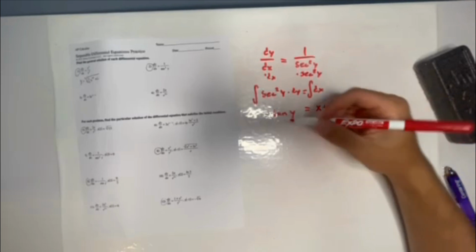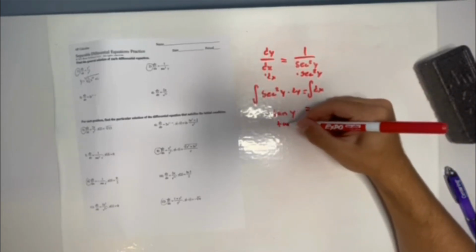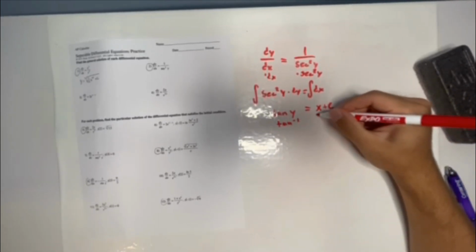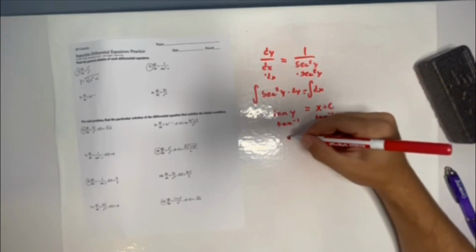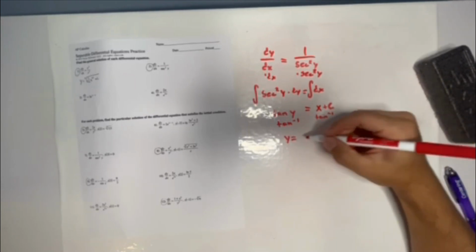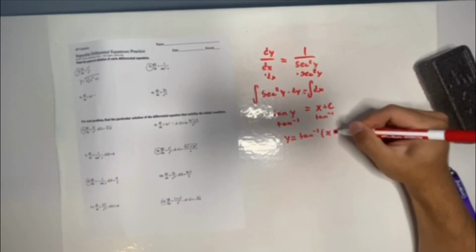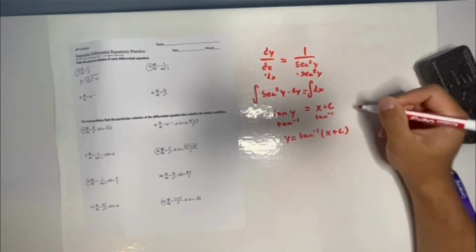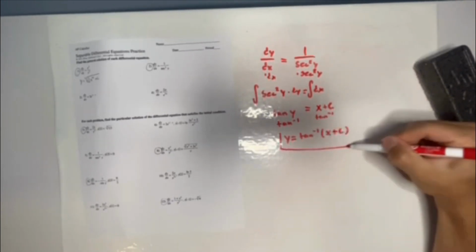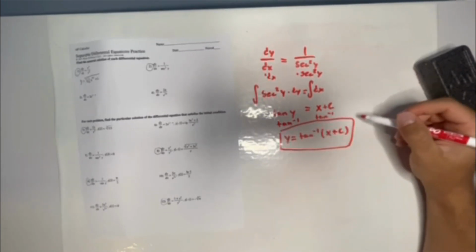And we have to get rid of the tan. In order to just get y, we do tan inverse of both sides. And so then we just get y equals the tan inverse of x plus c. And that is your answer right there.